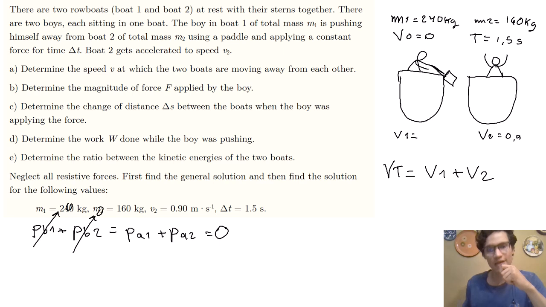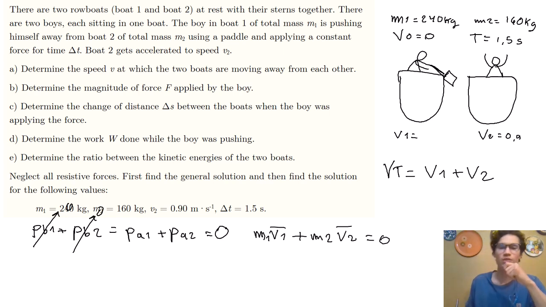And we can replace the momentum with the formula: momentum is mass times velocity. Mass 1 times velocity 1 in vector form plus mass 2 times velocity 2 in vector form is equal to 0. And how do we change the vector form to scalars to get the speed? We observe the directions.